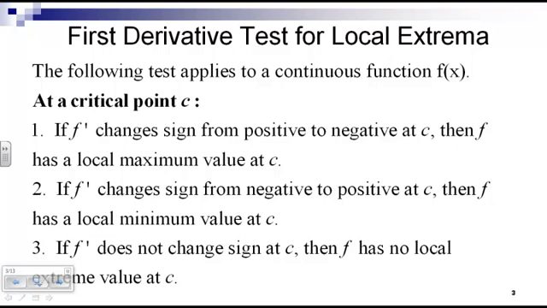Lastly, if there's a critical value and there's no sign change, it started negative and stays negative, or started positive and stays positive, then the function does not have a local extreme. It's neither a local max nor a local min there.